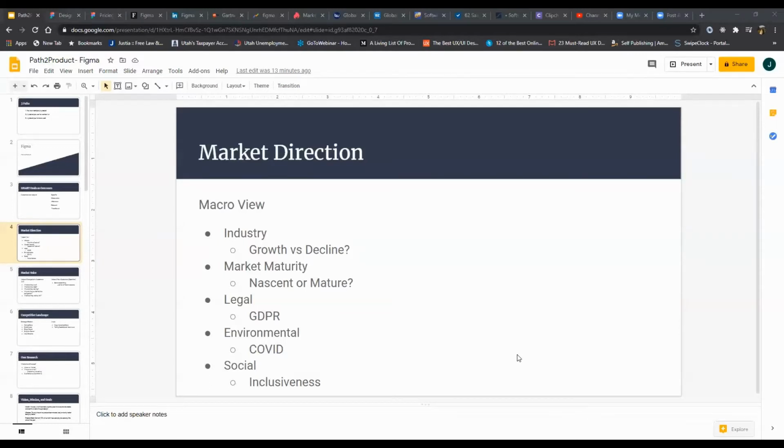Understanding your industry, where you're at from a market maturity standpoint, legal implications to what you're building and what you're tracking, environmental shifts that could fundamentally disrupt your business, and social implications of your business. Social things could be things like virality too. Like how do you build virality into your product?